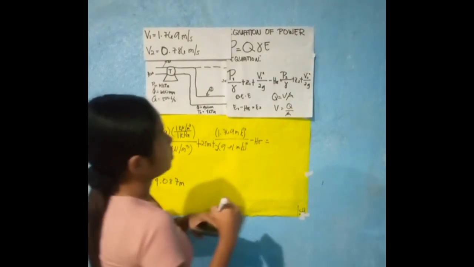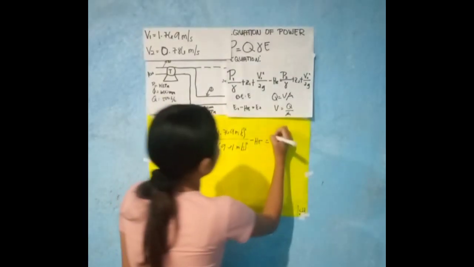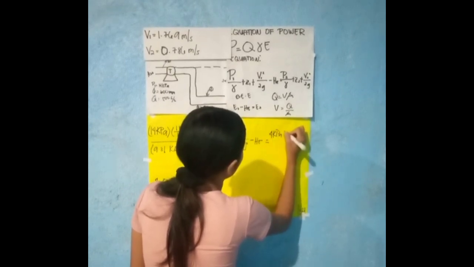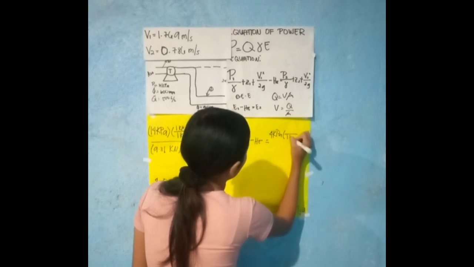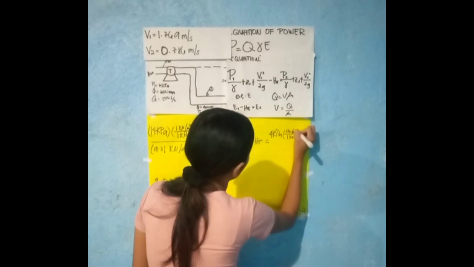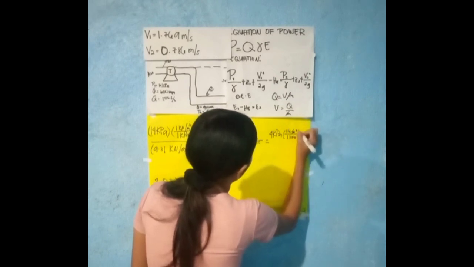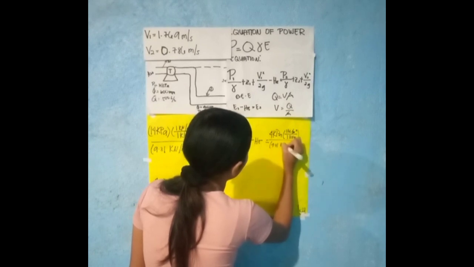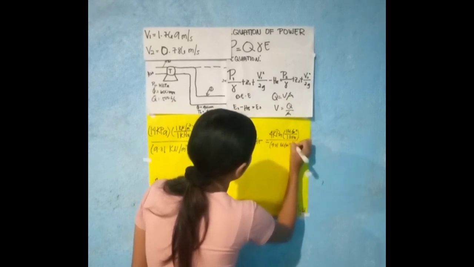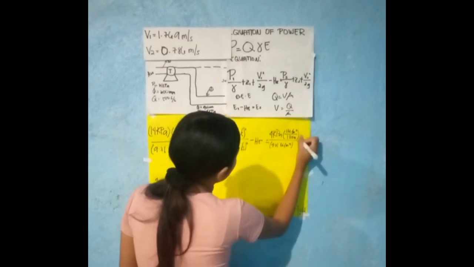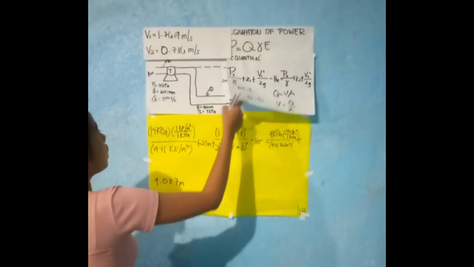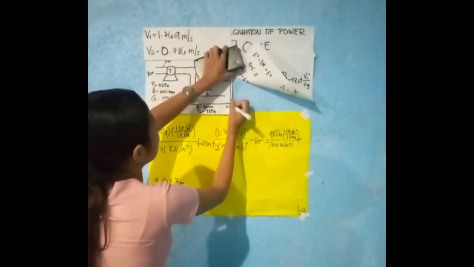Now let's continue with our energy in point 2, and our pressure 2 is 4 kilopascal. Convert 1 kilopascal to 1 kilonewton per meter squared over the 9.81 kilonewton per cubic meter, plus, so here we are going to put a datum line in our diagram.